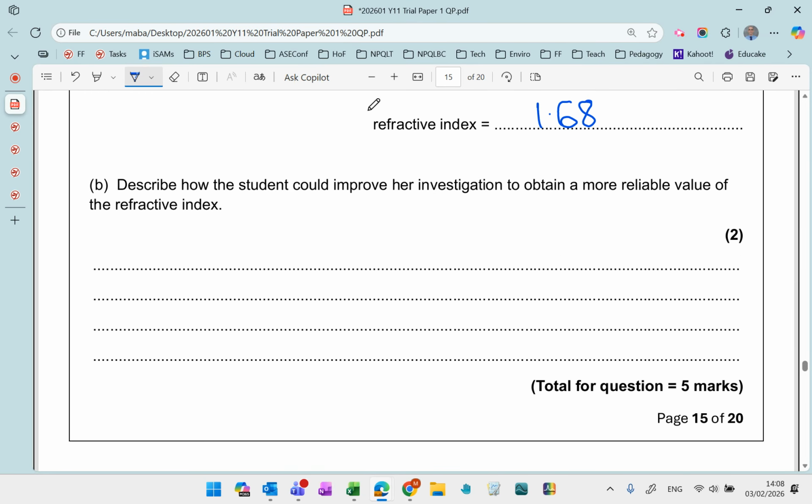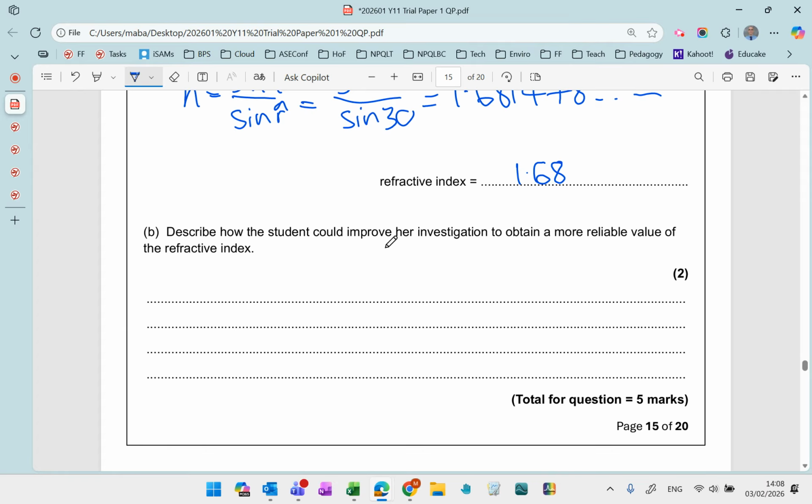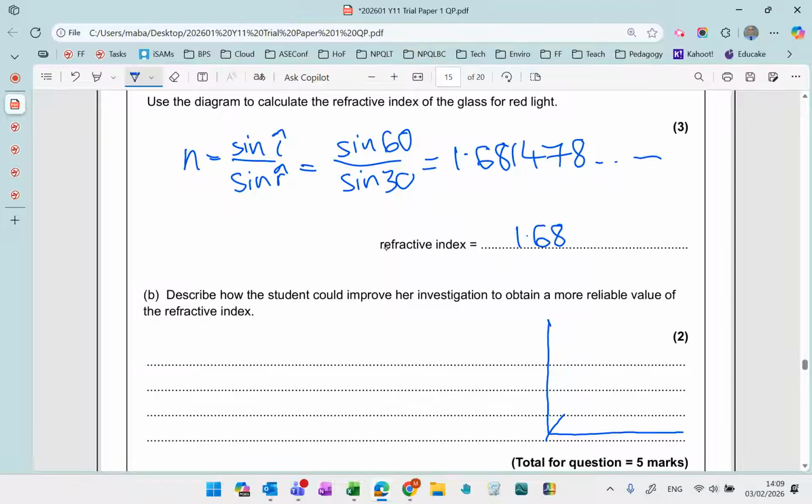All right, so how does the student improve her investigation to obtain a more reliable value of the refractive index? Well, you might remember doing this practical. If you look at the formula, in physics we're usually trying to plot a graph.